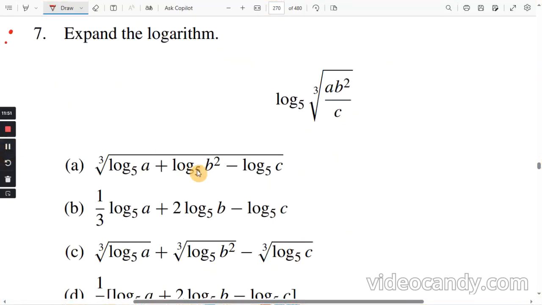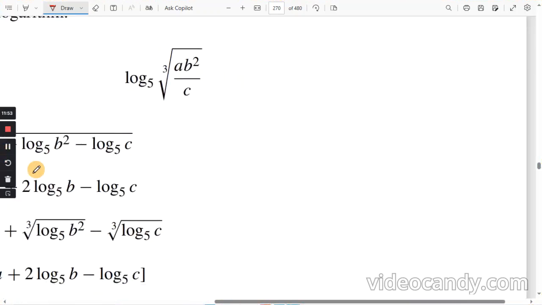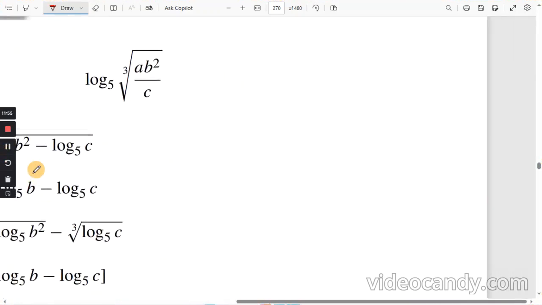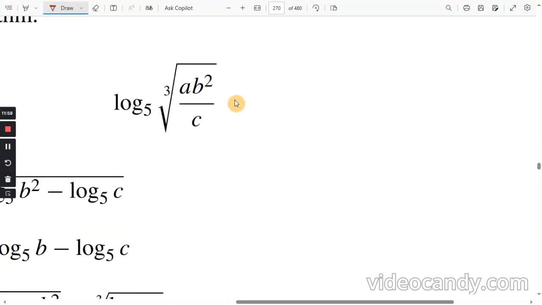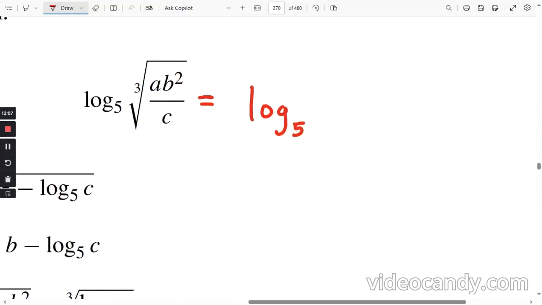Number 7, expand the logarithm. Okay, let's see what we have here. We have a log base 5. And since the root of this fraction is 3, I'm going to rewrite the fraction. Keep the inner part, ab squared over c.